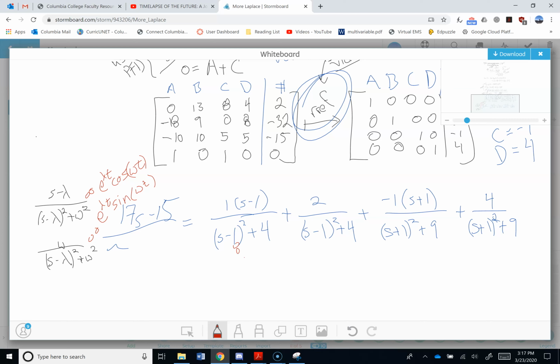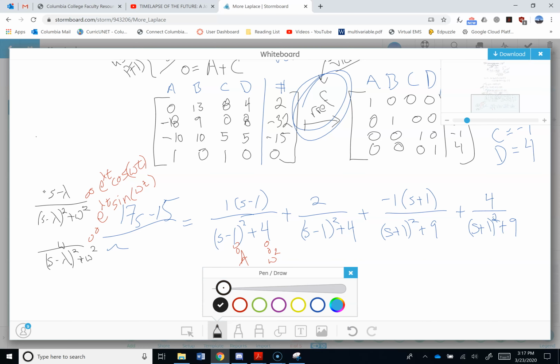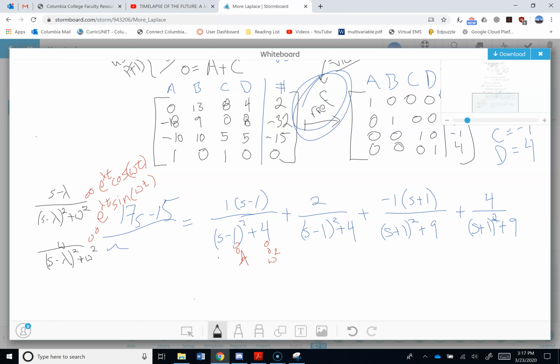So that makes me think that 1 is lambda and 4 is omega squared. And that makes me think that this first thing inverse Laplace transforms to e to the 1t cosine of 2t.